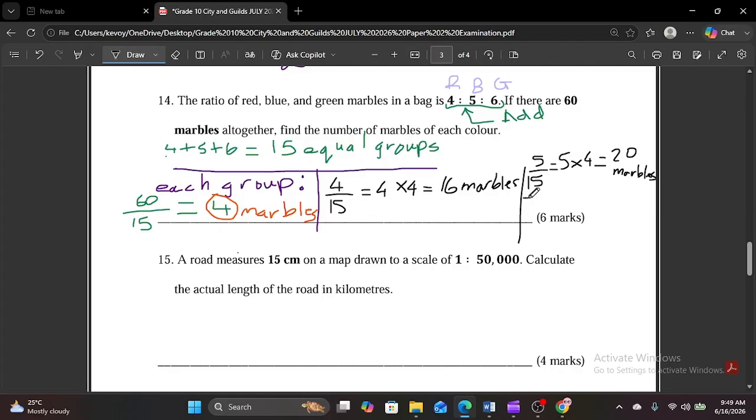And then lastly, we have the person who took 6 out of the 15. So the person who took 6 out of the 15 groups is going to have the 6 groups multiplied by the 4 marbles, because 4 marbles are in each of the 6 groups.